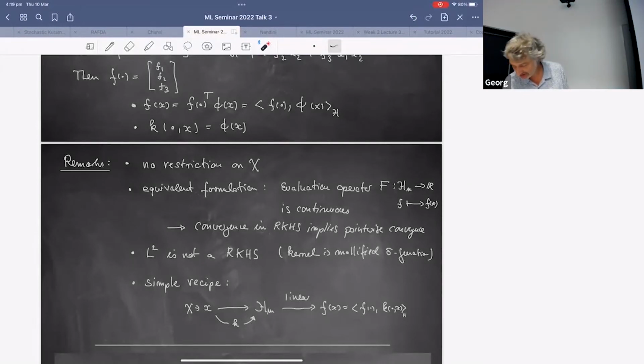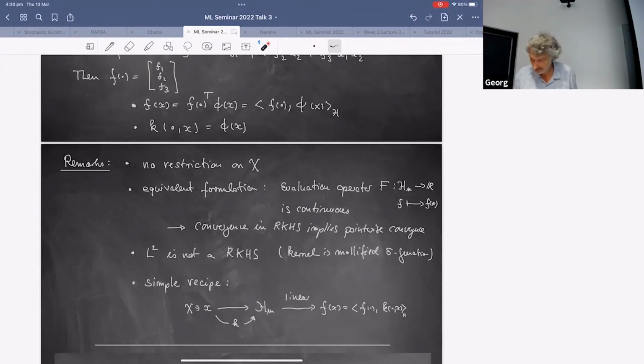There's an equivalent formulation that some people might like better, which is just that the evaluation operator, which takes an element from the Hilbert space, this function F, and evaluates it at a point X, is continuous.